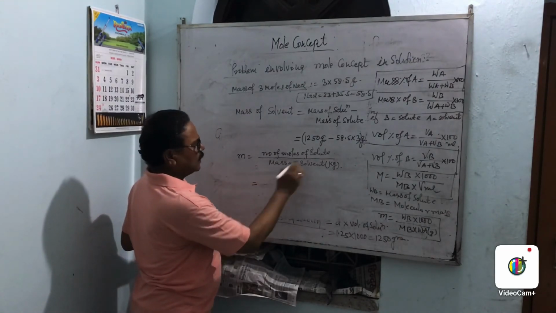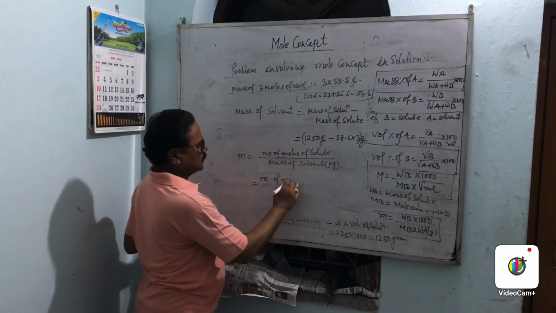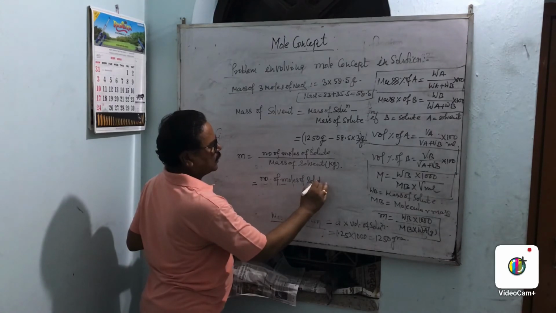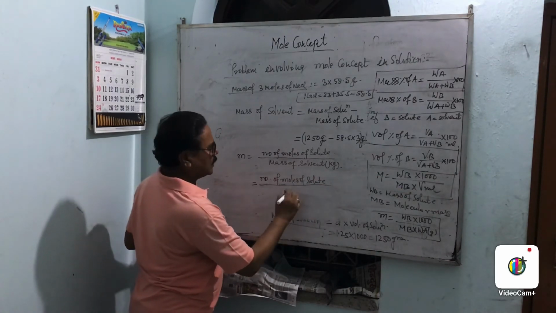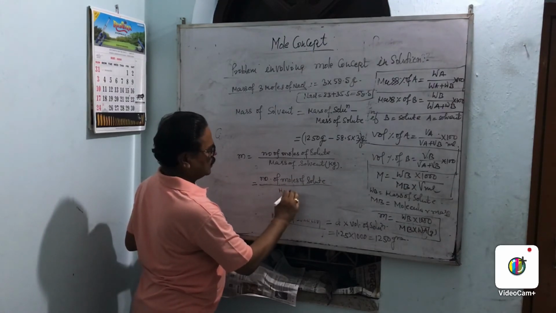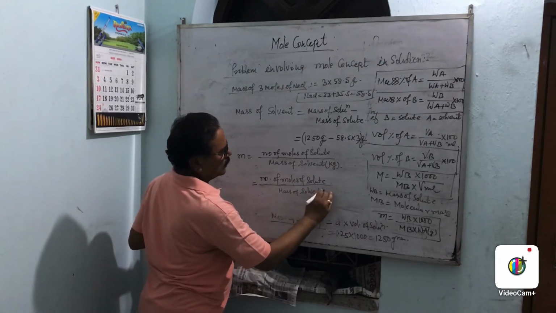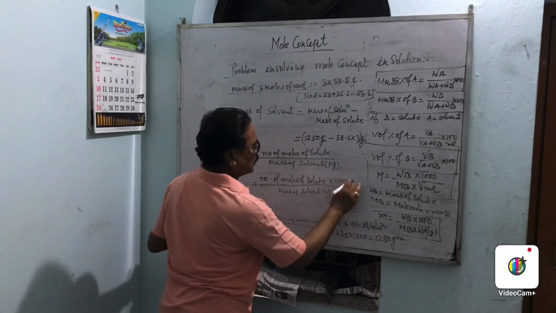Number of moles of solute, that is given as 3 moles, divided by the mass of solvent in kilogram, that is the mass of solvent in gram divided by 1000.